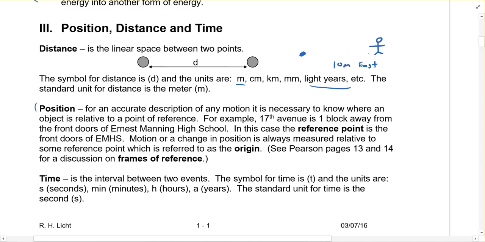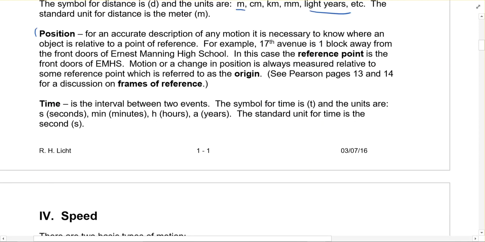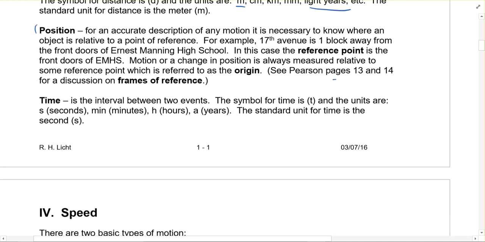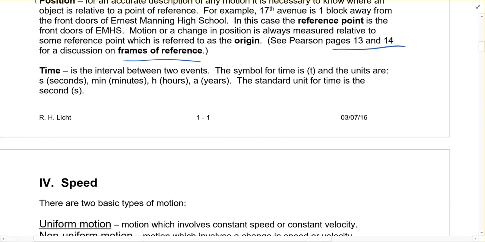That's my position. My distance is the distance from there to me. Hopefully that made sense. Position is always from a reference point, and the distance is how far away from that reference point I am. Also, see pages 13 and 14 for the frame of reference discussion.